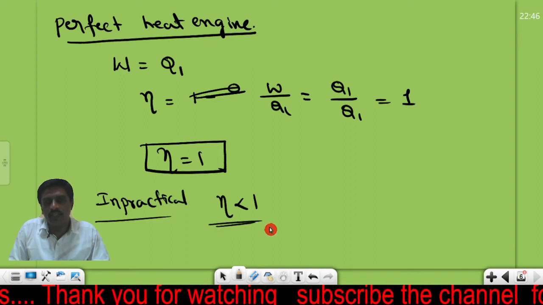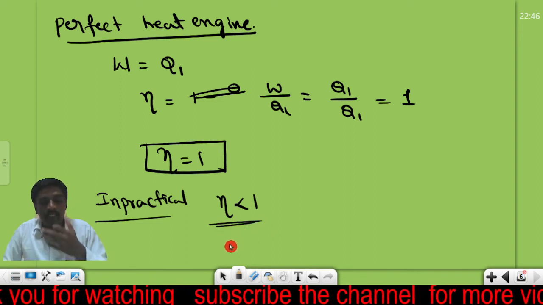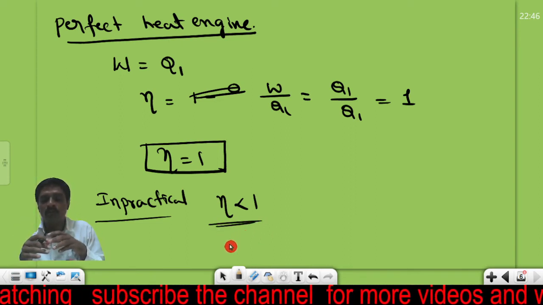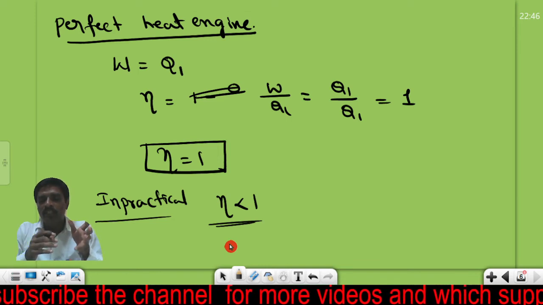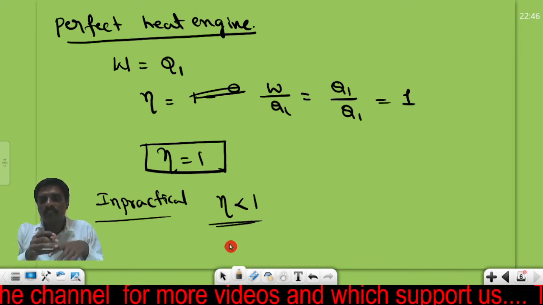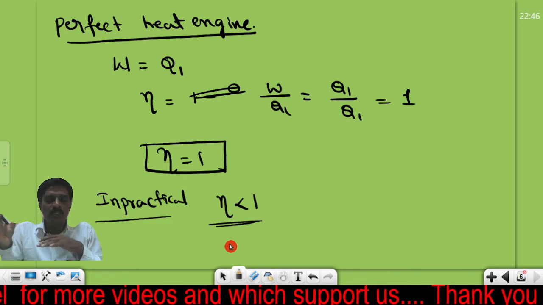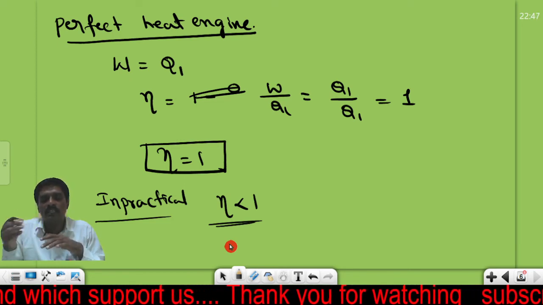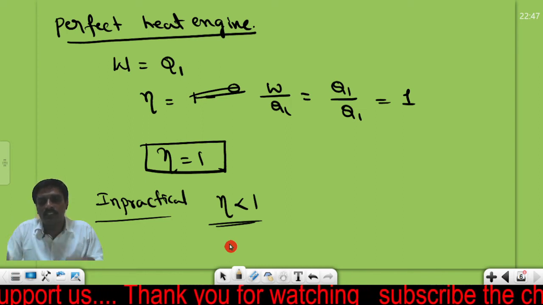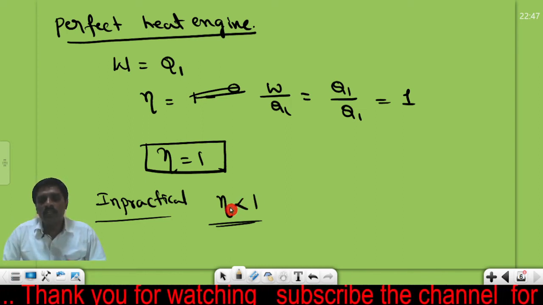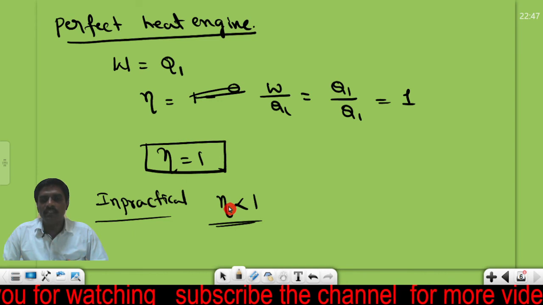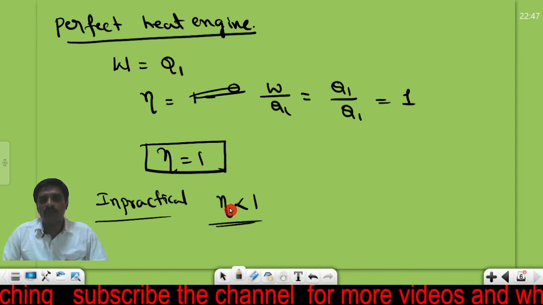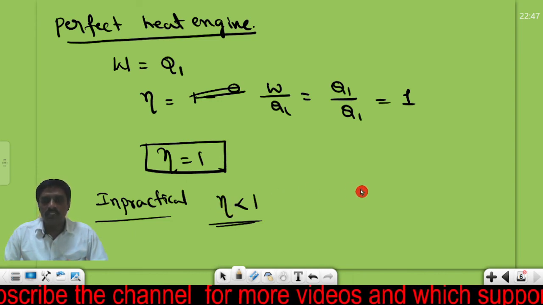That means no heat engine can convert the total amount of heat taken from the source into work. That is called the second law of thermodynamics. We will discuss it later. This is about the thermal efficiency of the heat engine and also the working process of the heat engine. I hope you understand this lecture.